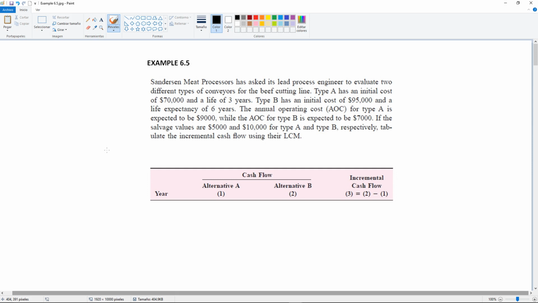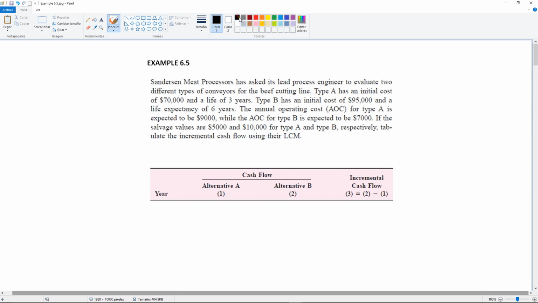The annual operating cost for Type A is expected to be $9,000, while the annual operating cost for Type B is expected to be $7,000. If the salvage values are $5,000 and $10,000 for Type A and Type B respectively, tabulate the incremental cash flow using their LCM.